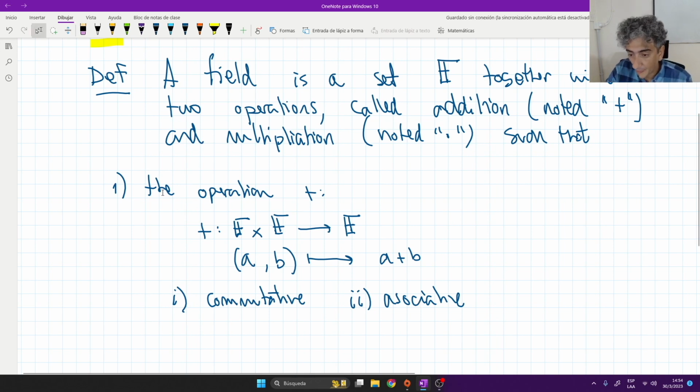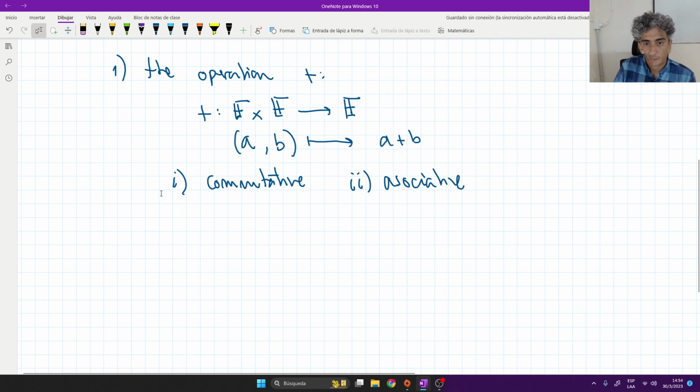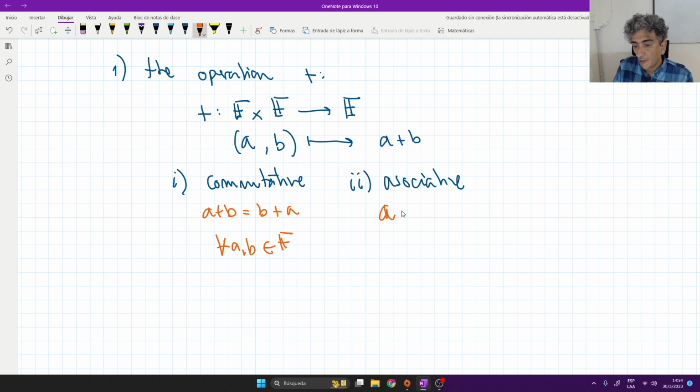So we're going to write this down, right? So this means that a plus b has to be the same as b plus a for every a, b in F. Then associativity means that (a plus b) plus c has to be the same as a plus (b plus c), right?